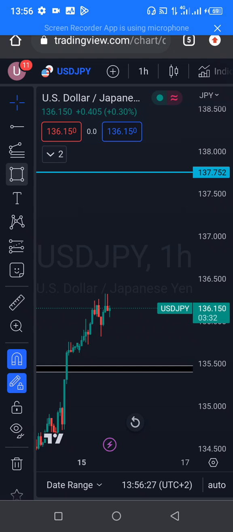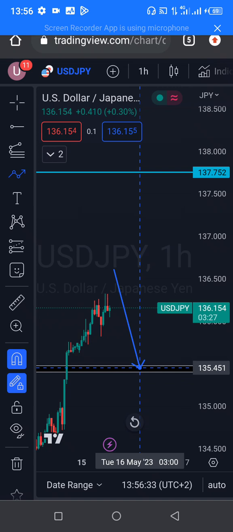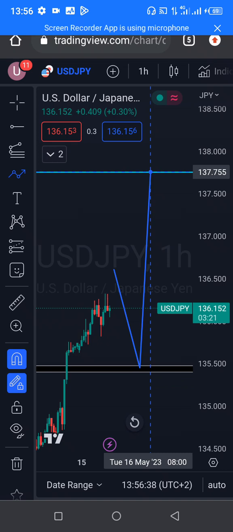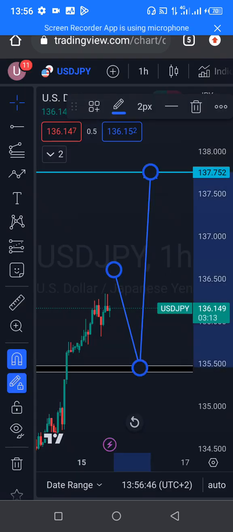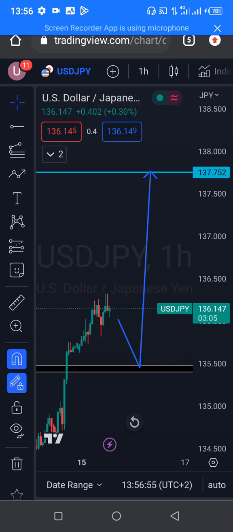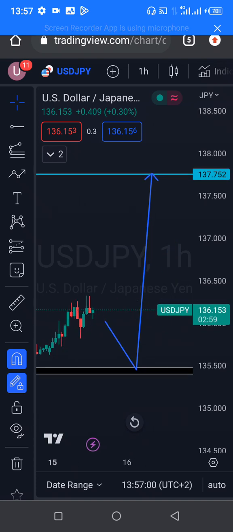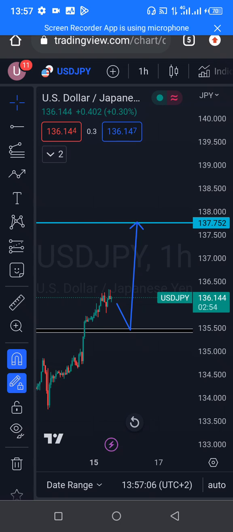So let me draw my path like this, pull back here, and then TP all day. So for USDJPY, this is my market analysis.